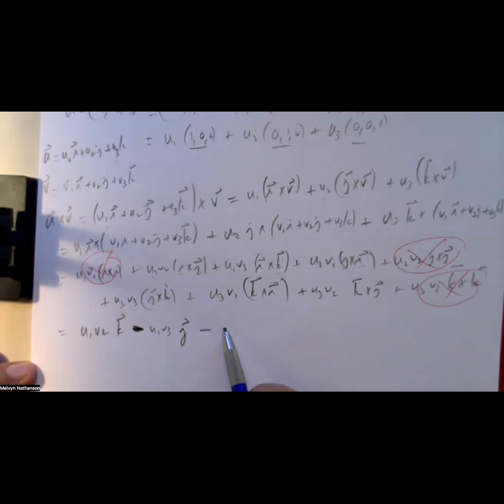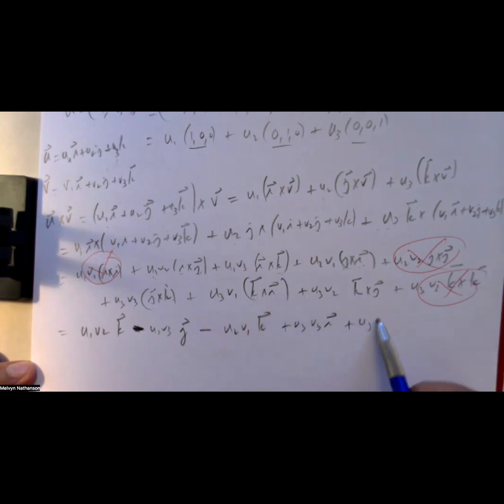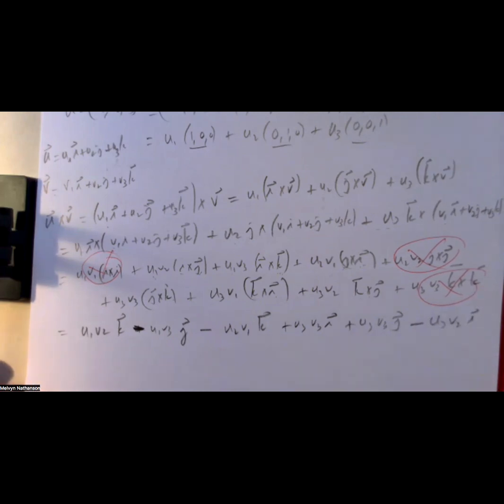So I get minus u2 v1 times k. j cross k is i, so u2 v3 i. k times i is j, u3 v1 j. j cross k is i, so k cross j is minus i, minus u3 v2 i.